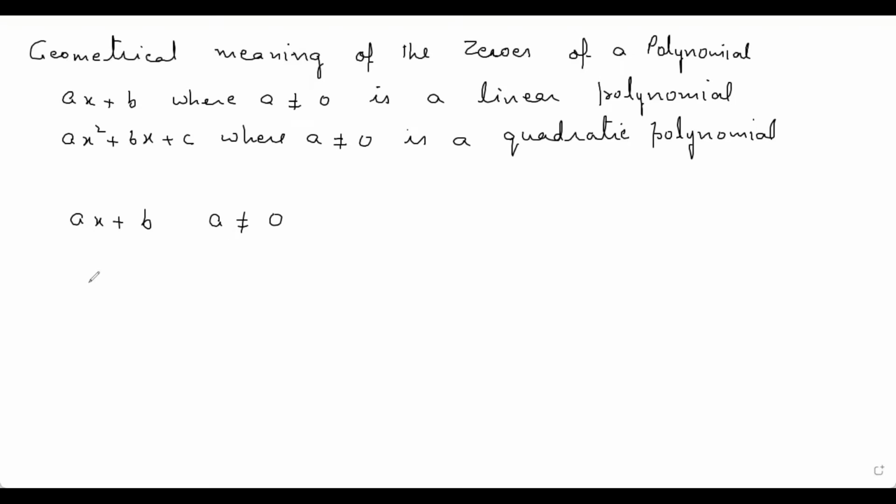On the next page, I'll take one example, 3x plus 6. This is equal to p(x), which means y is equal to 3x plus 6. First I'll draw the graph of this polynomial, then I'll discuss the geometrical meaning of its zeros.